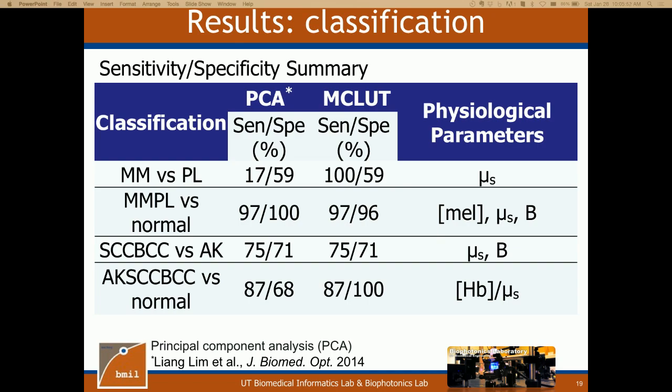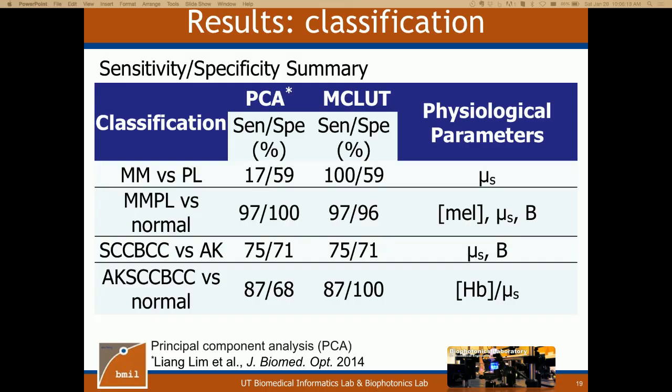So I used the same data, the same logistic regression model, and the same leave-one-out cross-validation to do classifications for these 4 groups. The only difference between the PCA method and my model is the input for the regression model.